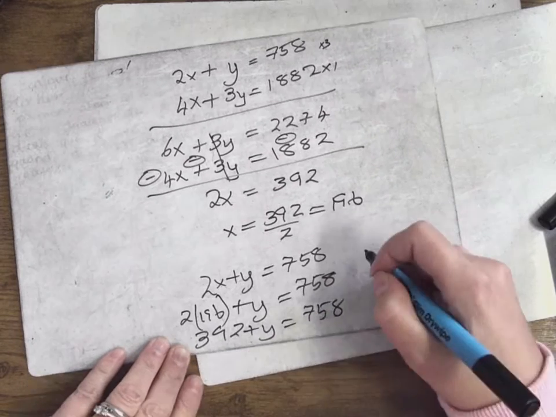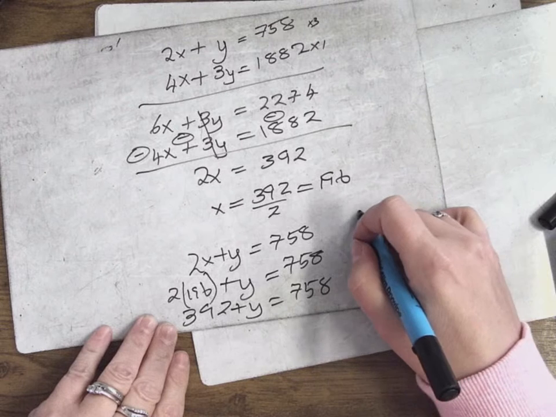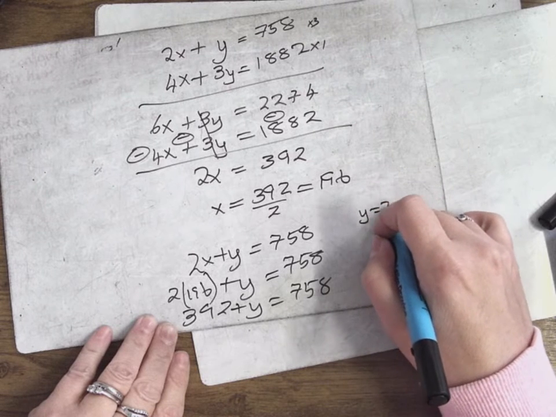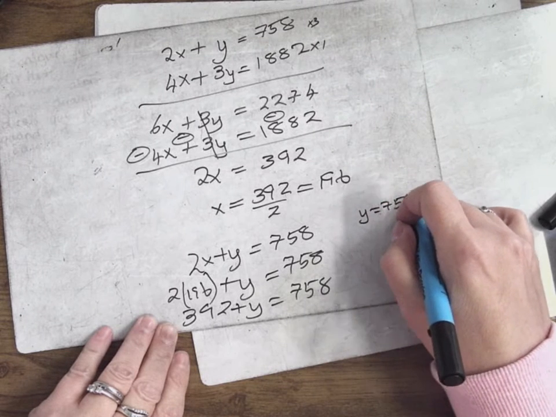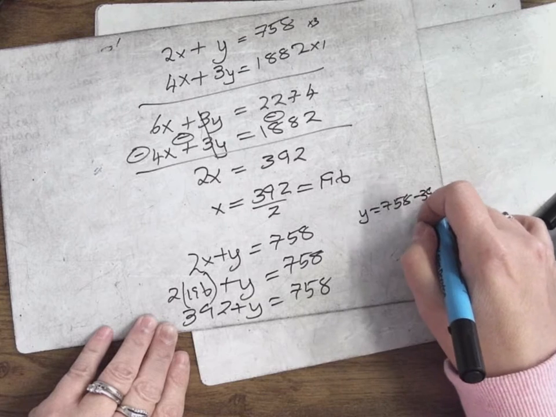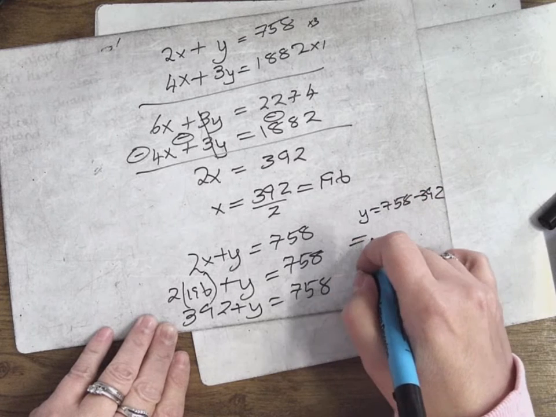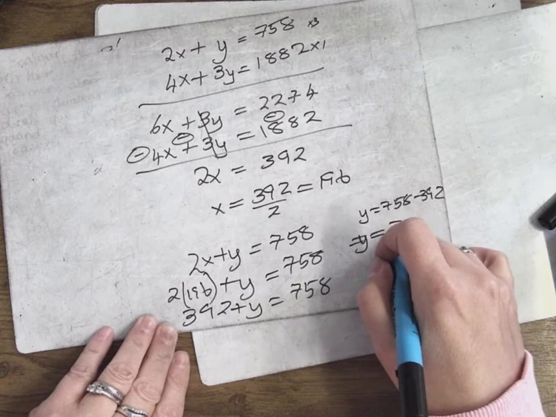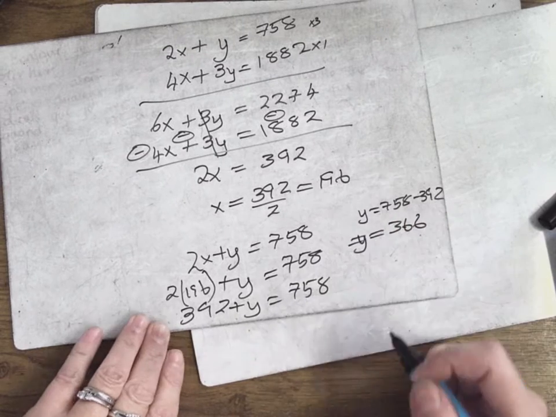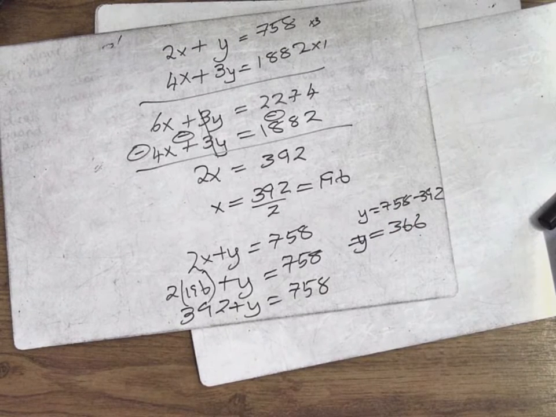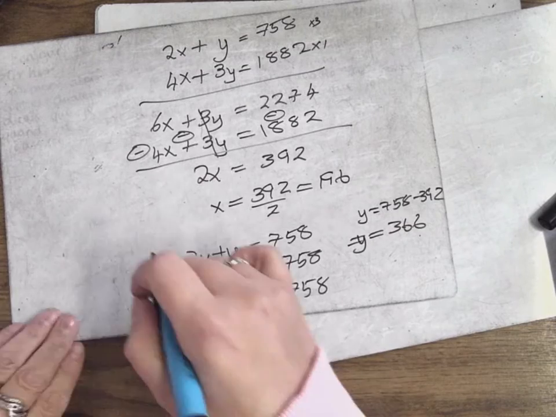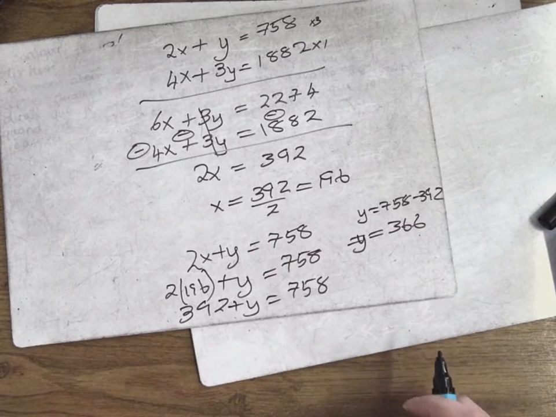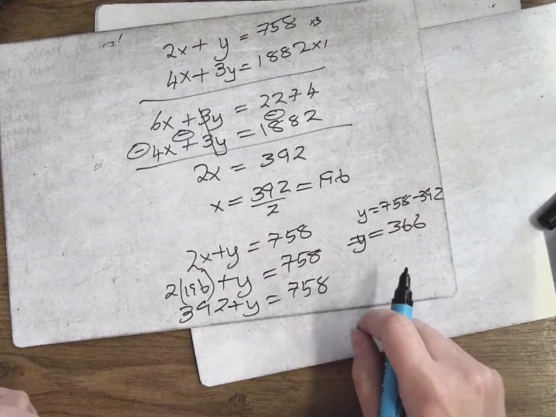So that means y is equal to 758 minus 392, and that would be 366. Is that alright? Okay. That was number 5.